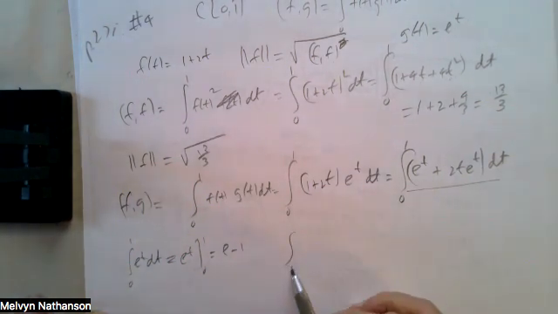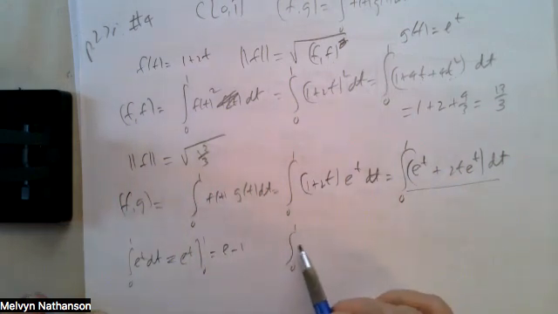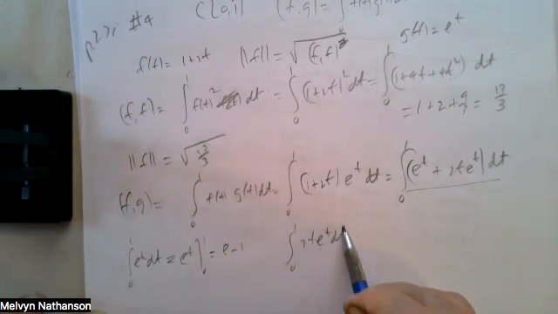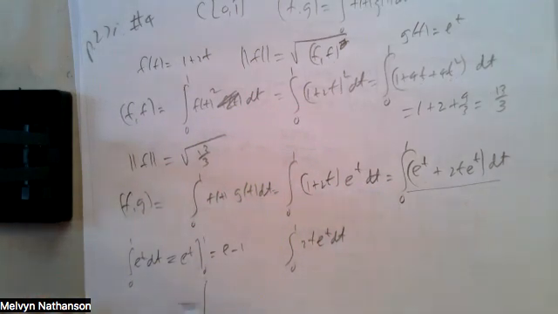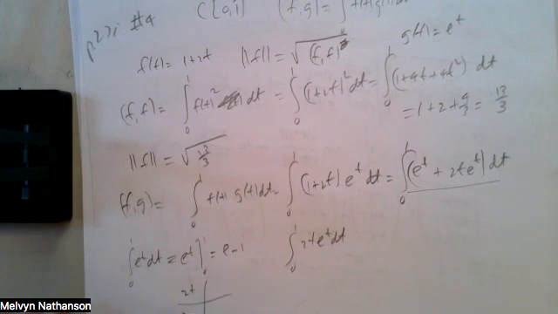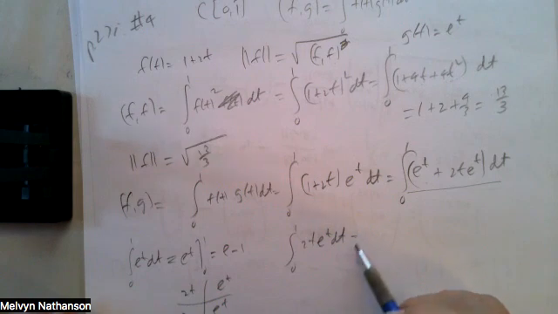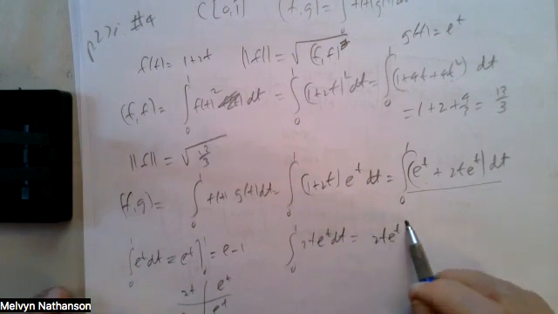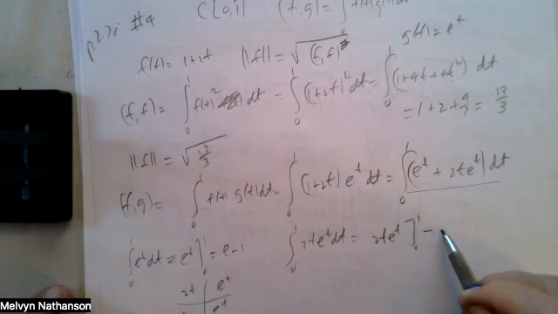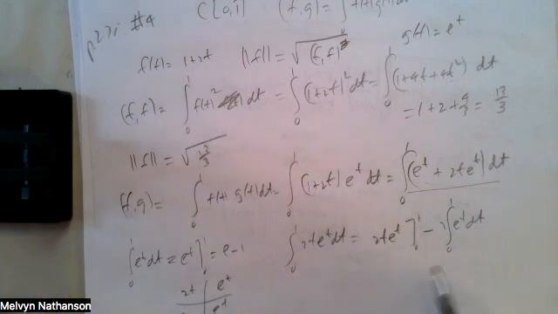The integral from 0 to 1 of 2t e to the t dt, you have to use integration by parts, or you can at least. This is 2t, this is 2. If this is e to the t, this is e to the t. So this is equal to 2t e to the t evaluated from 0 to 1 minus the integral from 0 to 1 of 2 e to the t dt. When t is 1, this is 2e.